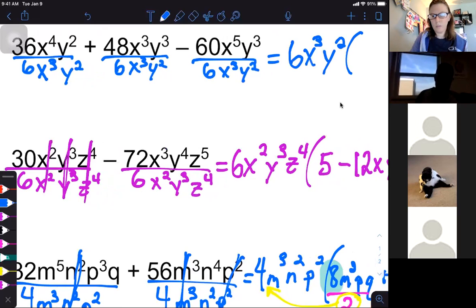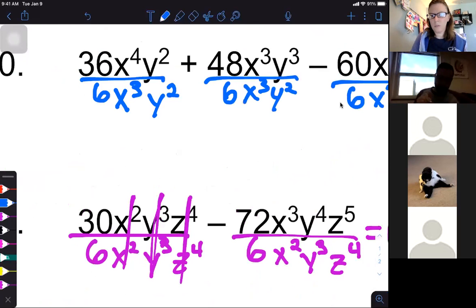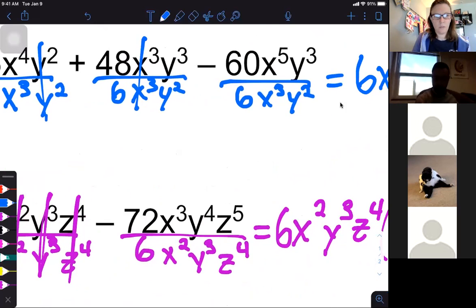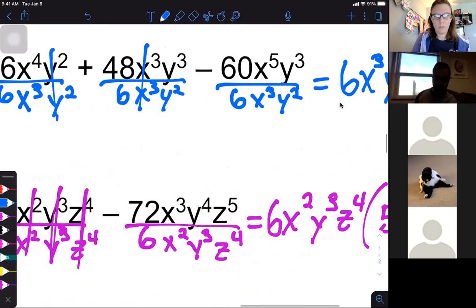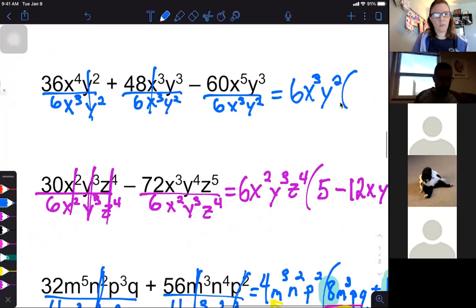Okay, so let's look at the first term. Can I cross anything out there? Y squared. Okay, second term, what could I cross out? 3 X's. Good. And then the last term? None of them. Good.